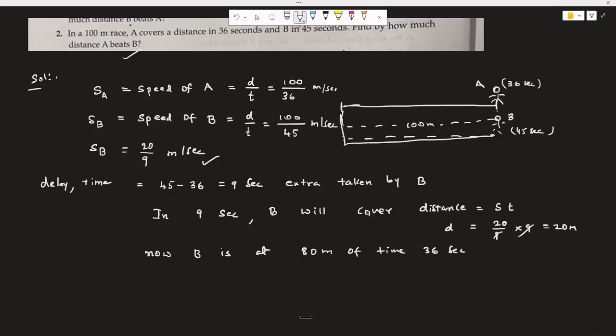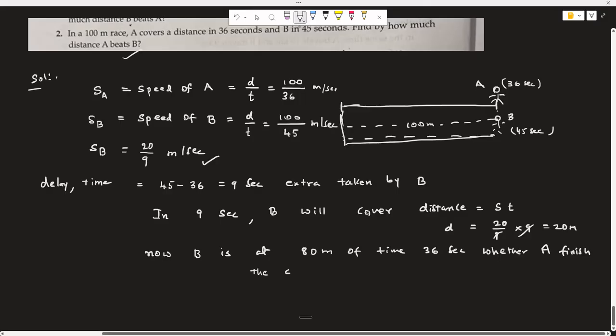At 36 seconds, B is 80 meters along, while A has finished the course.